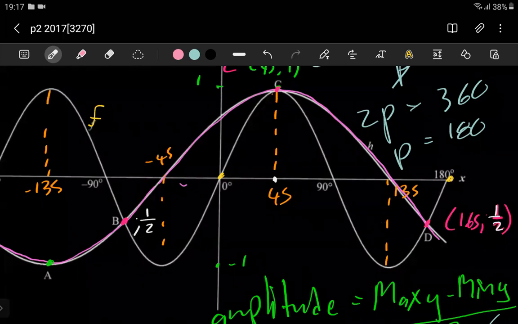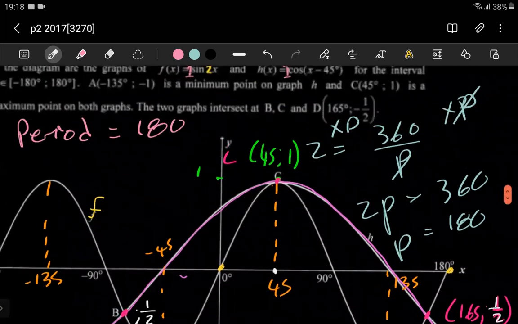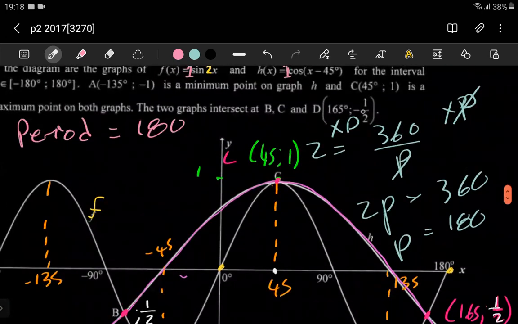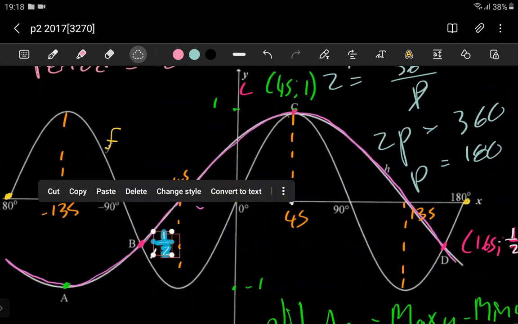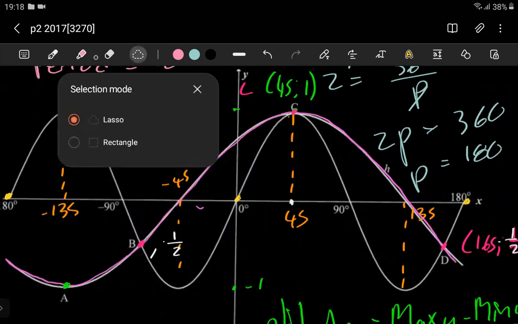We haven't gotten the X yet. Okay, but if you look at the Y values, oh wait, I think I wrote it incorrectly. There's a negative a half here. Oh yes, I see what you mean. Yes, 100%. I was just being hot-headed. So let me just put that there.